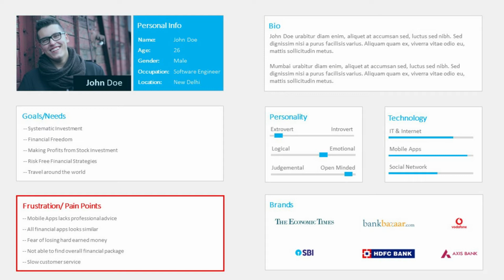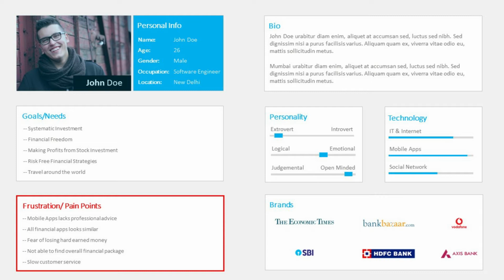Now in this persona, you can see the personal information on top left, wherein we have those demographics. And in the next section, I have included the bio or short description of that user, what that user is all about, where does he stay, what does he do, some basic information of that user that gives an idea to the designer who your user is.